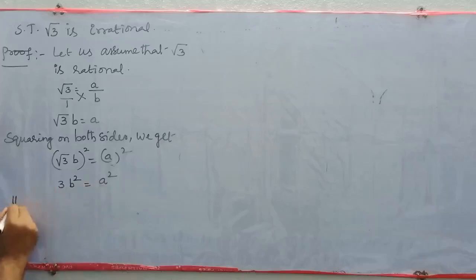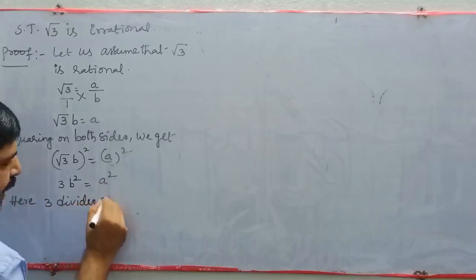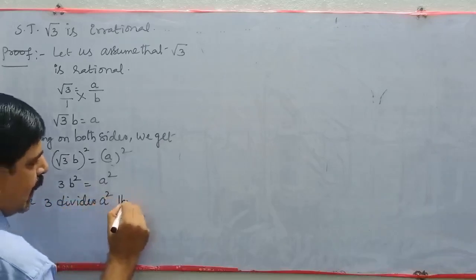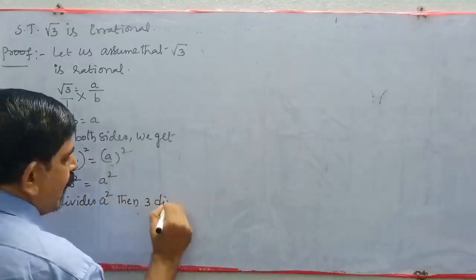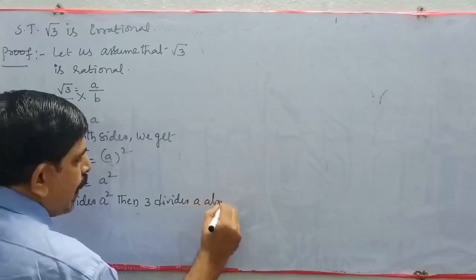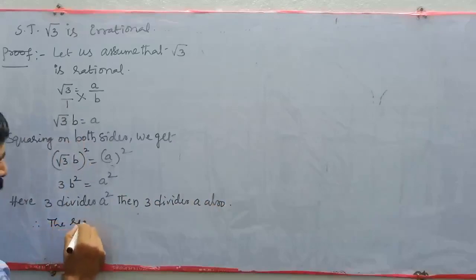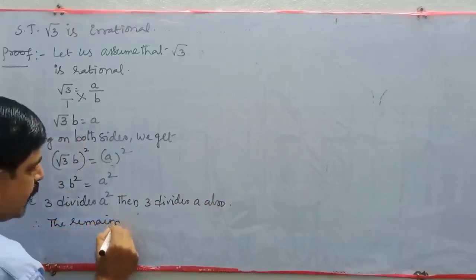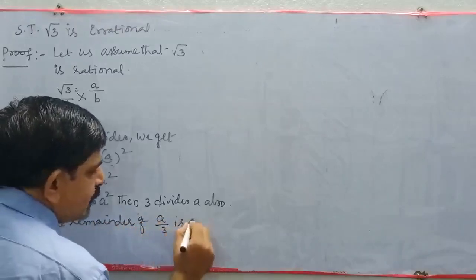Here 3 divides a square, then 3 divides a also. Therefore the remainder of a by 3 is 0.